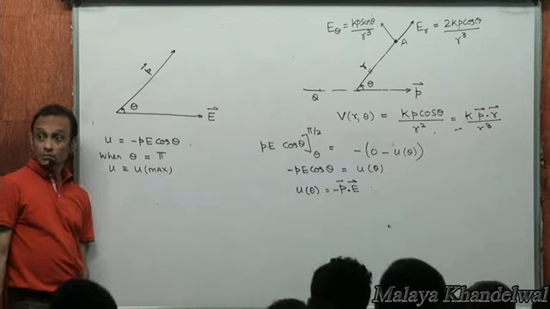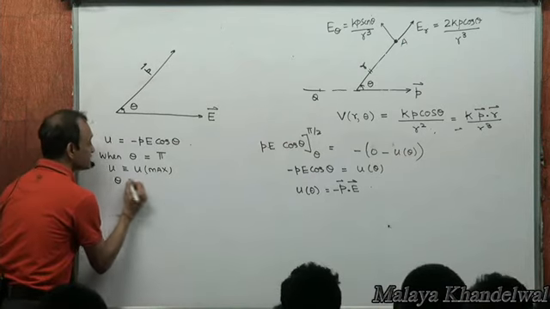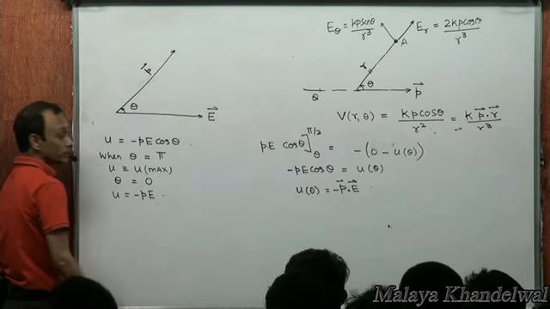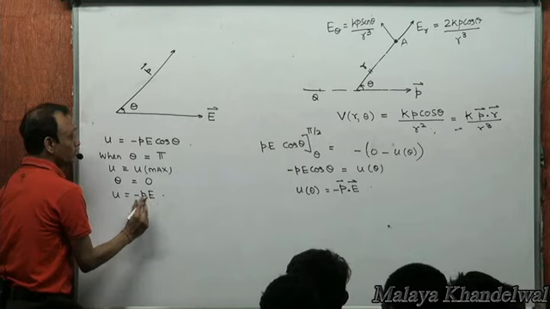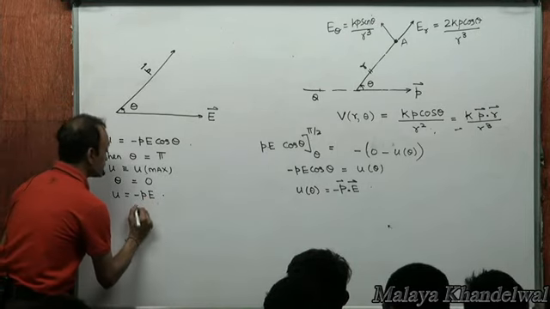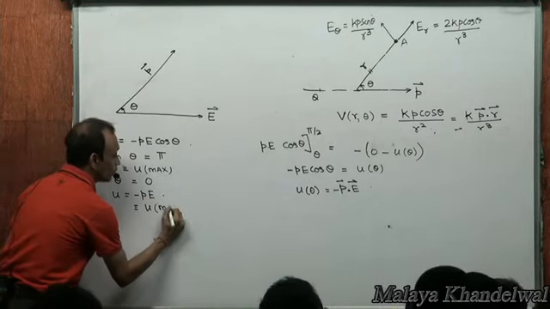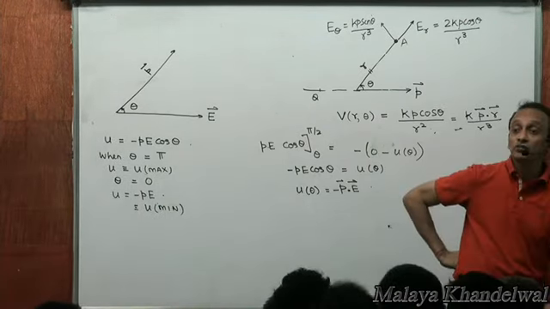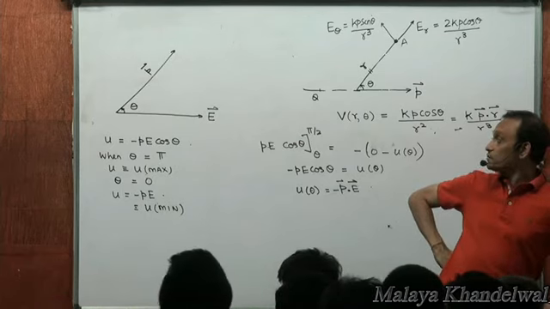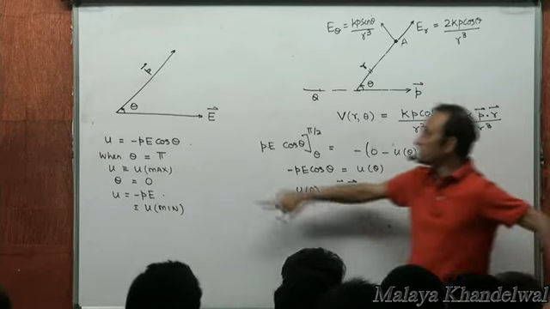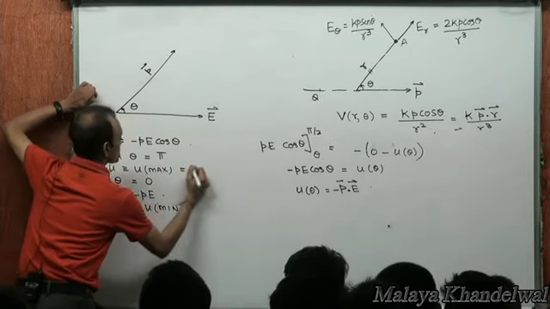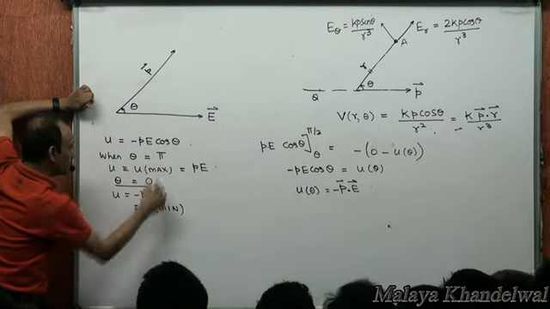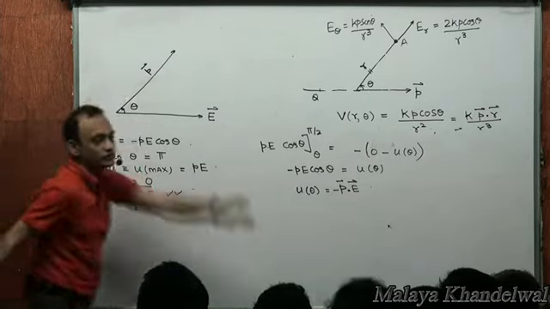And when theta is 0, U is minus PE, which is U minimum. At theta equal to 0, potential energy acquires the minimum value. At theta equal to pi, it acquires the maximum value. When theta is pi, U becomes U max, which is P into E. When theta is 0, it becomes minus P into E, which is the minimum value of the potential energy.